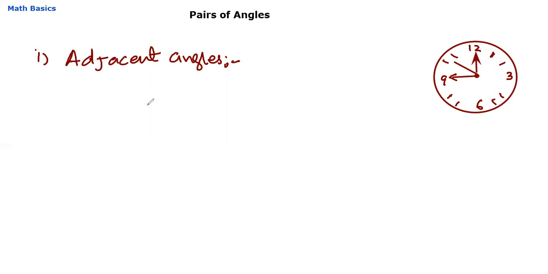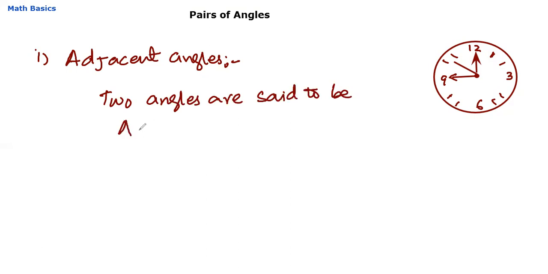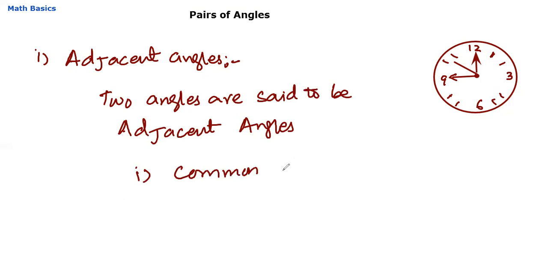So two angles are said to be adjacent angles, number one, if they have a common arm, and number two, if they have a common endpoint.